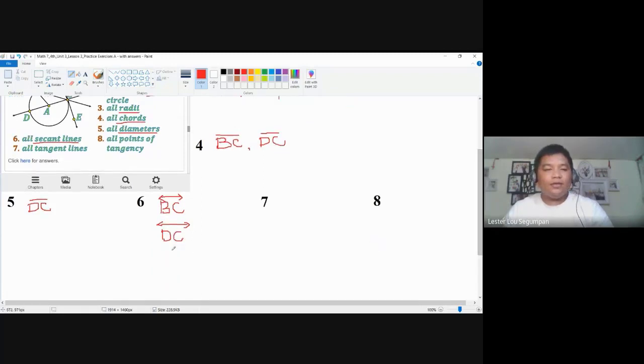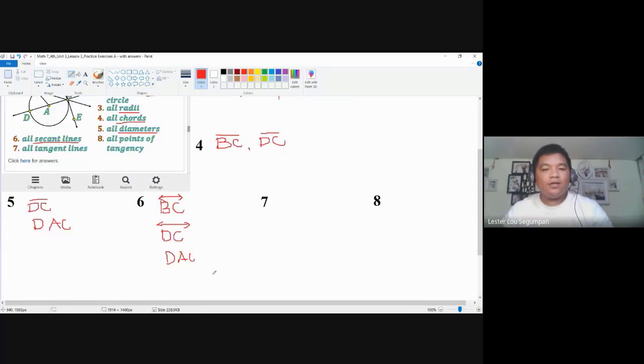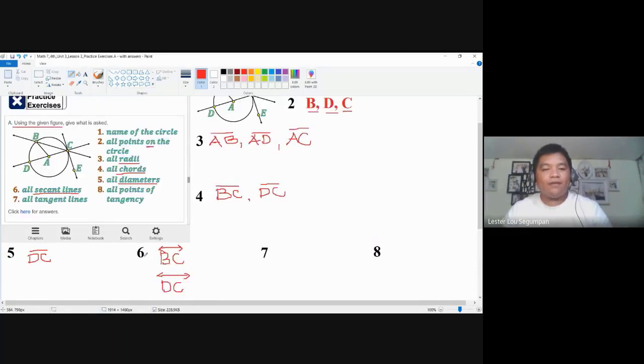And by the way, do not use DAC anymore, even in number 5, where you might use DAC because it passes through A. Do not use that. You may just simply use the two important endpoints for a line segment, and the two last points for each direction for a secant. That's why we have DC and BC. Again, the difference between these lines and the line segments is that they contain them. And of course, the lines extend to infinity.